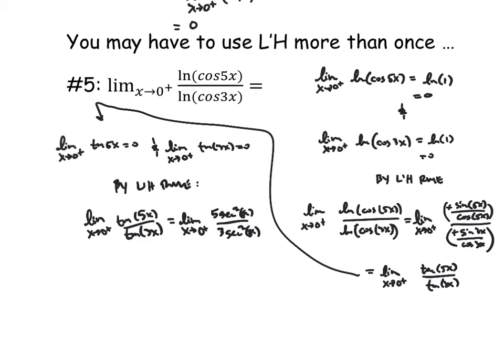Okay, now the limit as x approaches 0 from the right of 5 secant squared 5x over 3 secant squared 3x. I just know it's coming here, but the secant of 0 is 1. And therefore, secant squared of 0 is still 1. Therefore, we would get a limit of 5/3.